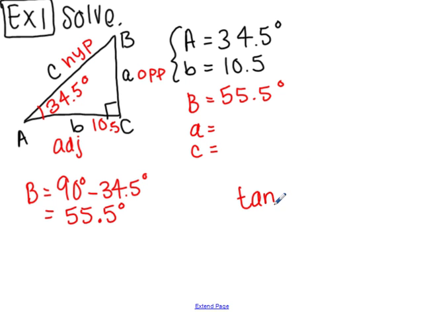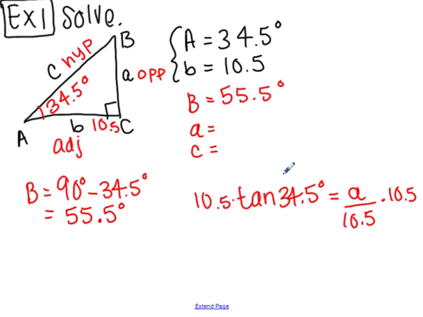So tangent 34.5 equals lowercase a over b, which is 10.5. To get rid of that 10.5, we multiply on both sides. And then we just plug this part right here into our calculator to get the value for a.